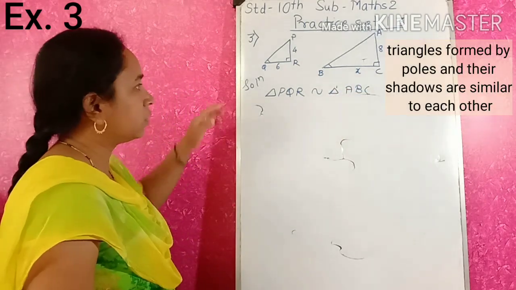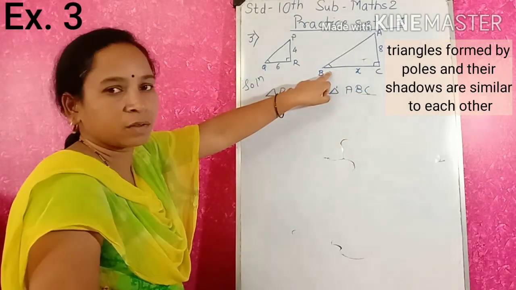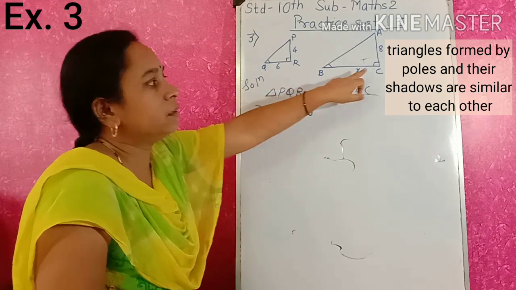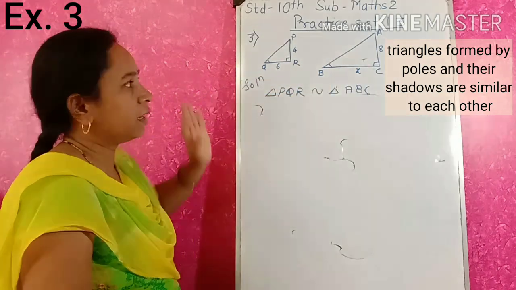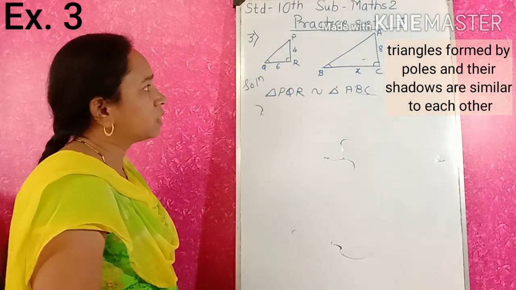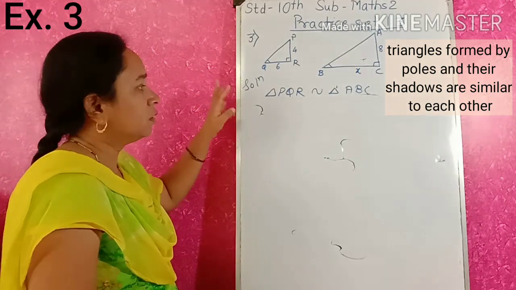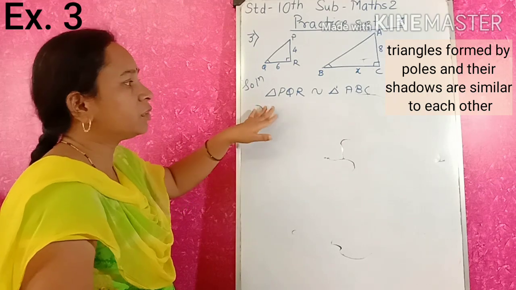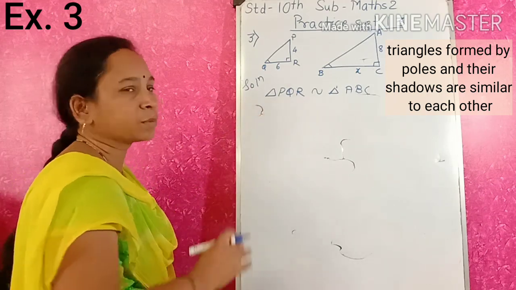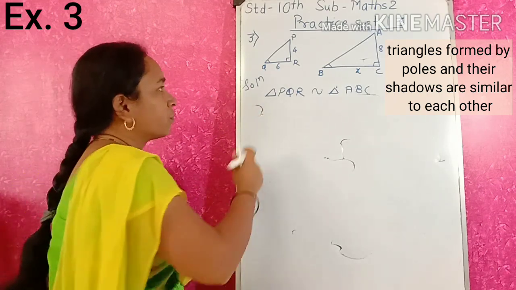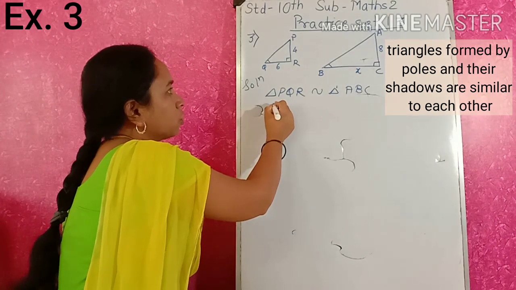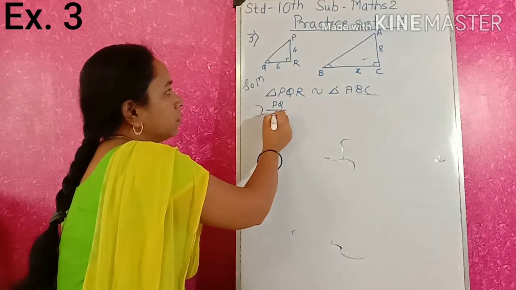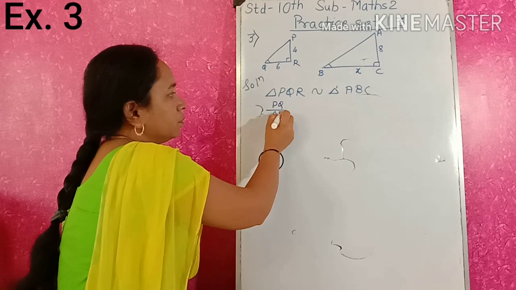Just now I have told you that angles Q and B are congruent and angles R and C are congruent. So by AA test, these two triangles would be similar. So you can write directly that triangle PQR is similar with triangle ABC. If these two triangles are similar, their corresponding sides are in proportion. So which sides are in proportion?